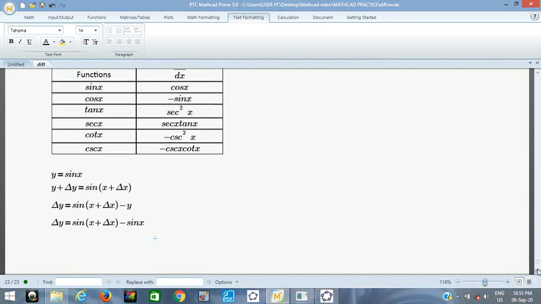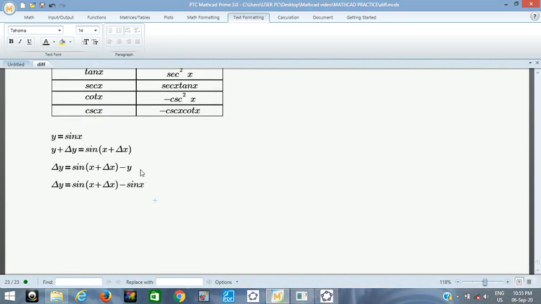Then what next? If you look at this, you will see that there's nothing we can do next now. The next thing to do is to divide both sides by delta x, so that we can have delta y over delta x. So now divide both sides by delta x.